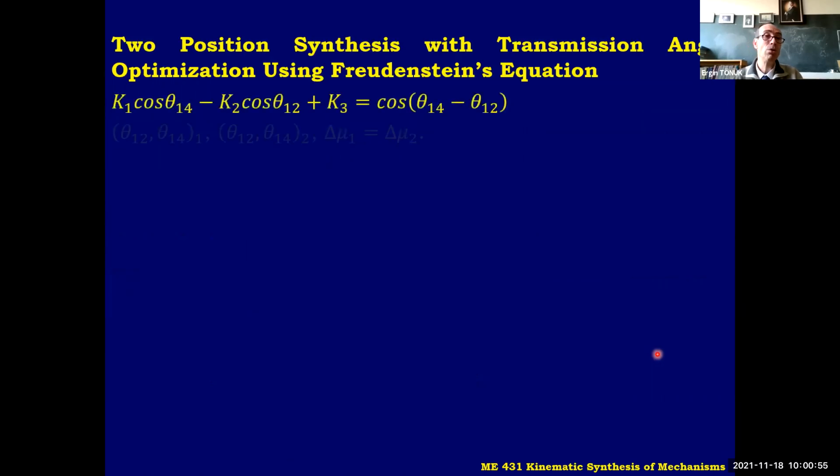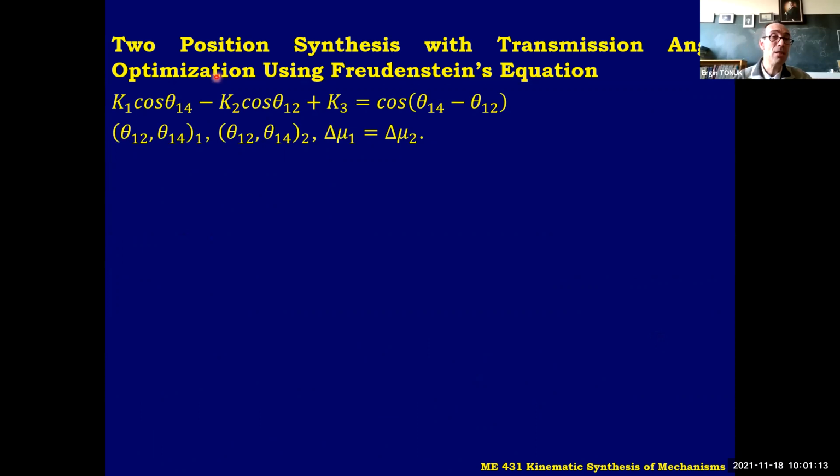We can also use Freudenstein's equation for two position synthesis, but we had three parameters, remember? So that's why we were using it for three position synthesis, but we can optimize the transmission angle for the third equation.